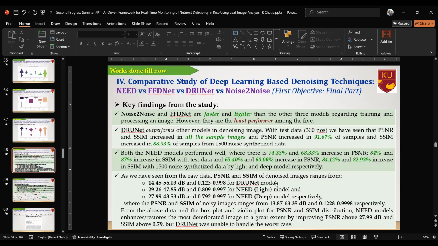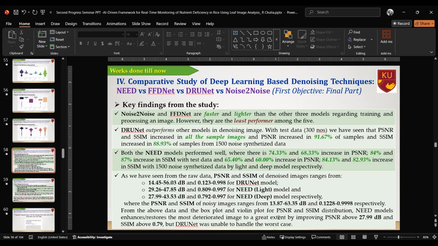So here the range is big, that is from 14.45 to 56.03 dB, and in case of SSIM 0.123 to 0.998, where the noisy image has the range from 13.87 to 63.35 dB, and SSIM 0.1228 to 0.9998.